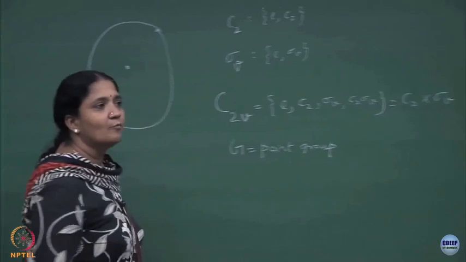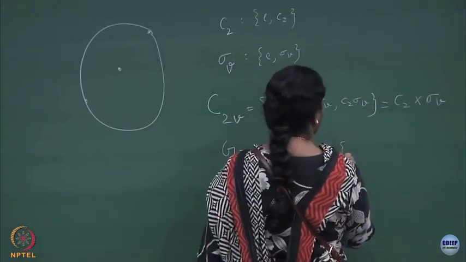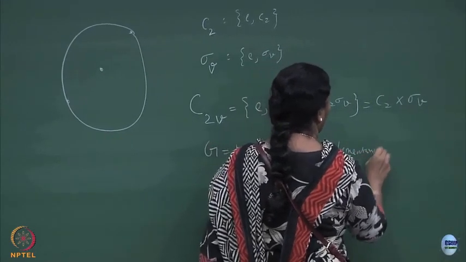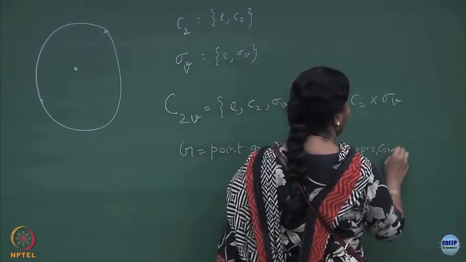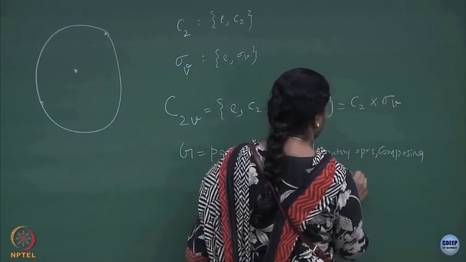In the context of molecules, we call this a point group, which is made up of elementary operations and then composing elementary operations.